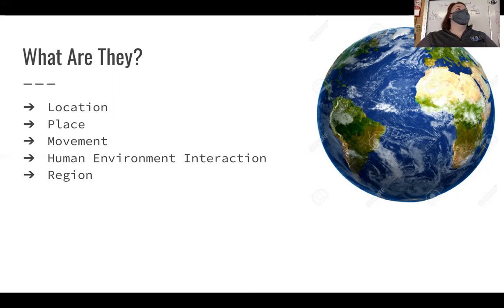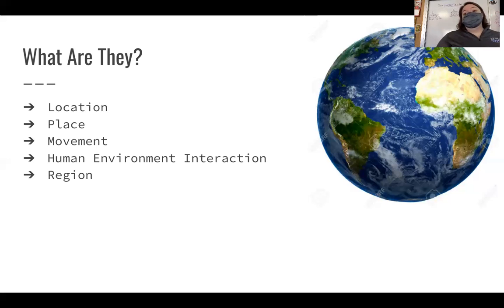How place and the cultures that take place in a place makes a place a place. I know that's a lot of places, but that's how we're going to look at it. The movement of not only physical things between countries or between states, but also the intellectual movement of ideas, how that affects the world. Obviously, how we treat the environment and how the environment reacts back to us, and the regions of the world and how they interact with each other.